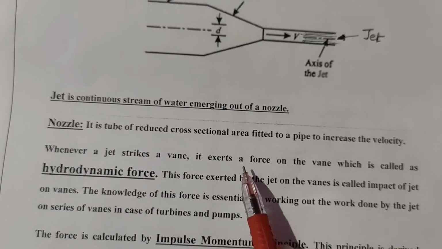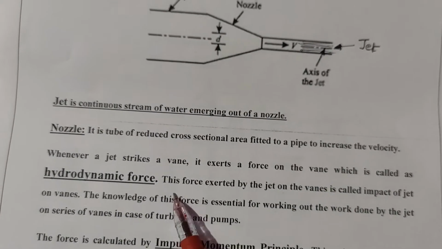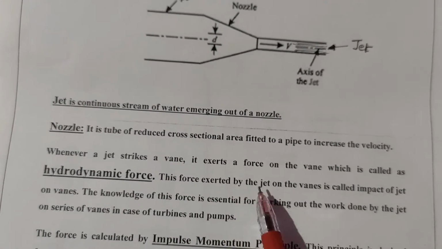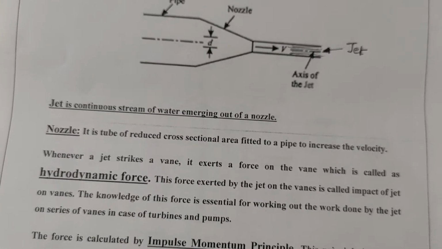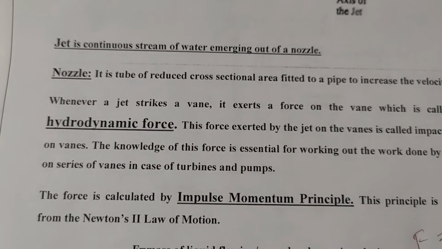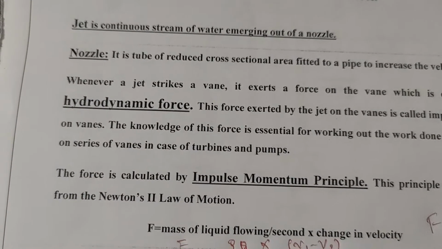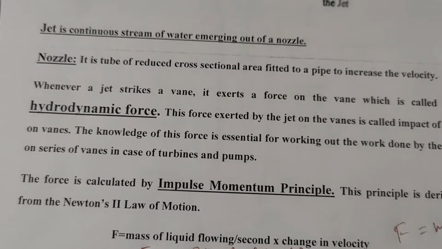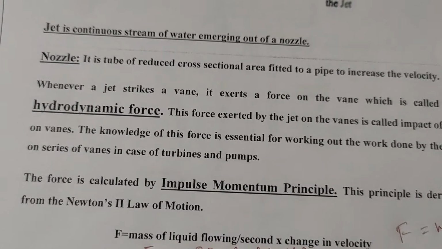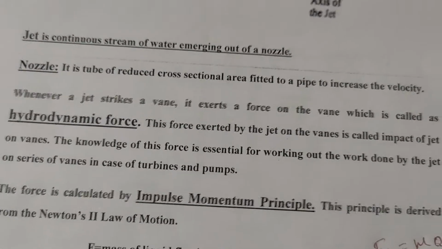Whenever a jet strikes a vane, it exerts a force on the vane which is called hydrodynamic force. This force exerted by the jet on the vane is nothing but impact of jet on vanes. Impact of jet on vanes works on Newton's second law of motion, which states that the rate of change of momentum is directly proportional to the impressed force and takes place in the same direction in which the force acts.